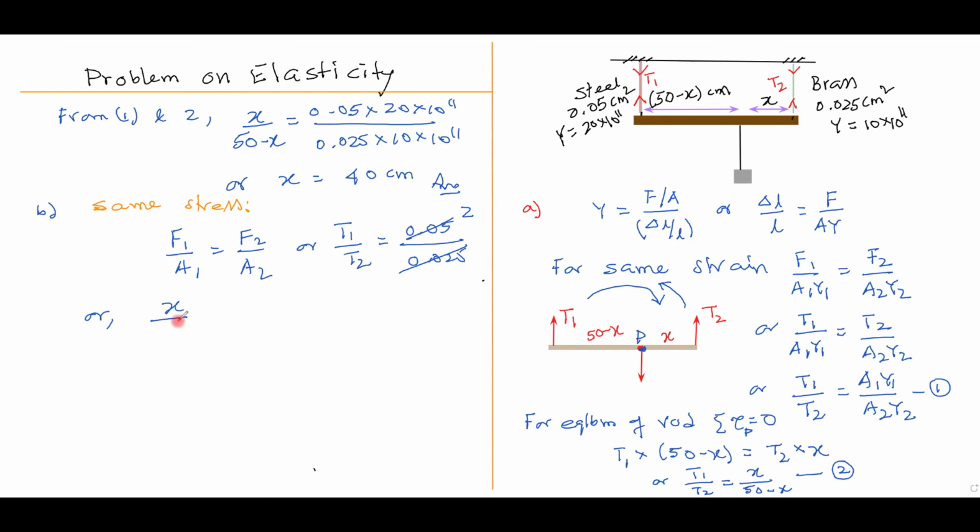X by 50 minus x, that is equal to 2, or x equal to 100 minus 2x, or x equal to 100 by 3, means 33.3 centimeter. Okay, from this end.